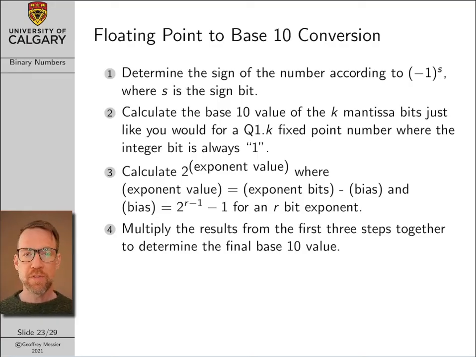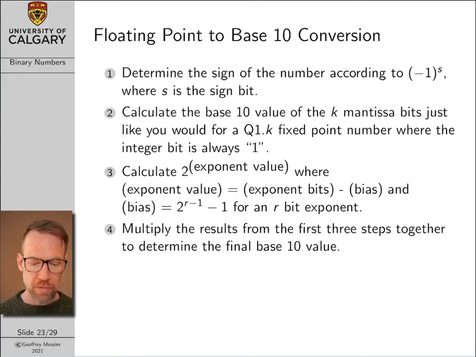Okay, so let's tie everything together by working through a few examples. The best way to do that is to look at first how to convert binary floating point numbers into base 10 numbers, and then look at how to convert a base 10 number into a binary floating point number. And as you would imagine, there's a series of steps for each of these operations.